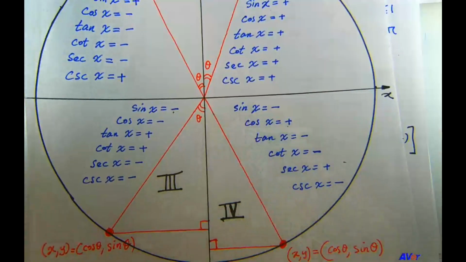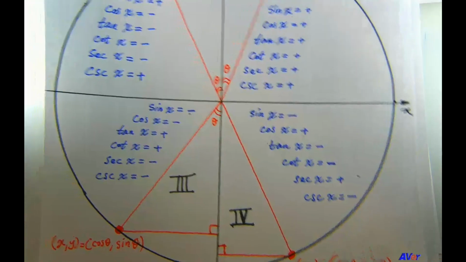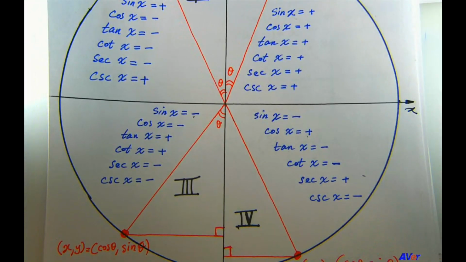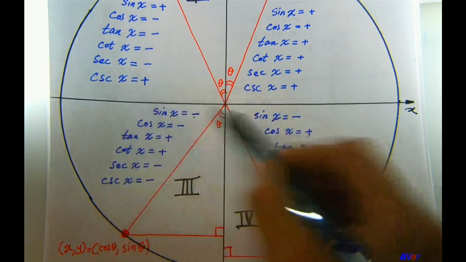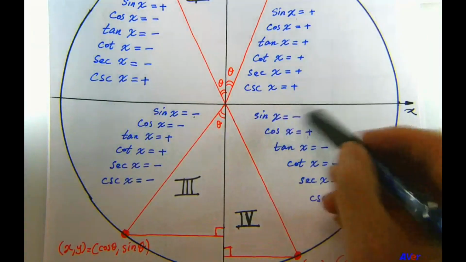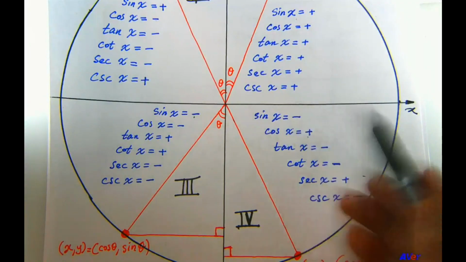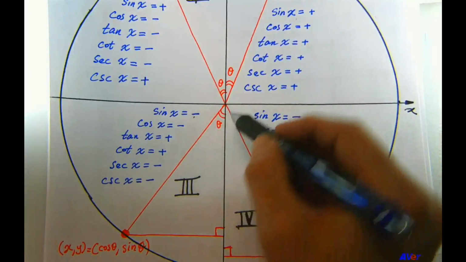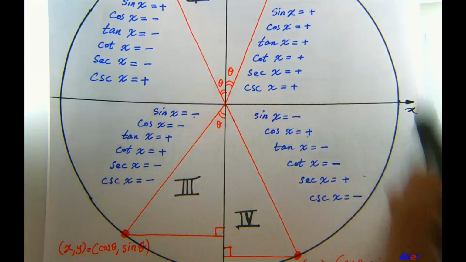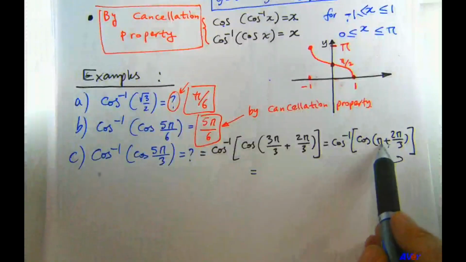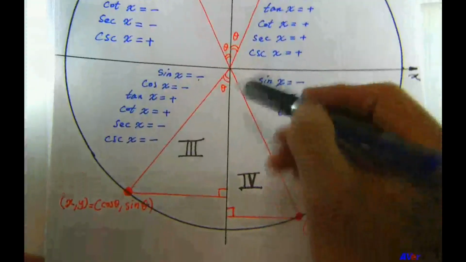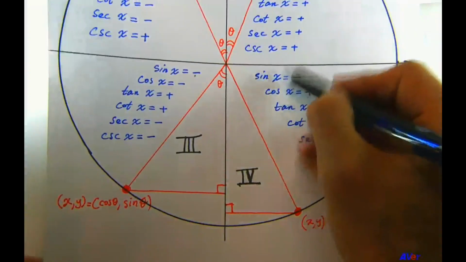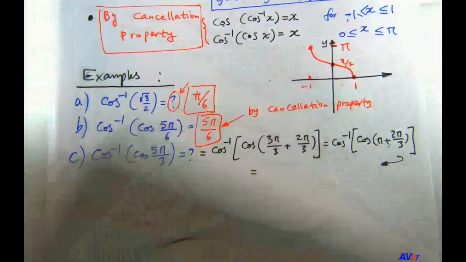What is the reference angle for that? 2 pi over 3 would be 2 times 180 is 360, divided by 3, so 120 degrees. The reference angle would be 60 degrees. Remember, the reference angle is the shortest distance between the x-axis and the terminal point. So if we trace this angle, pi plus 2 pi over 3, we end up here in the fourth quadrant with the reference angle being equal to 60 degrees.